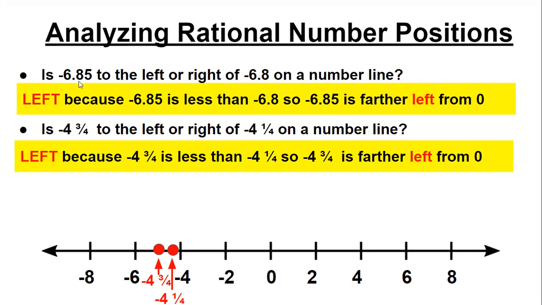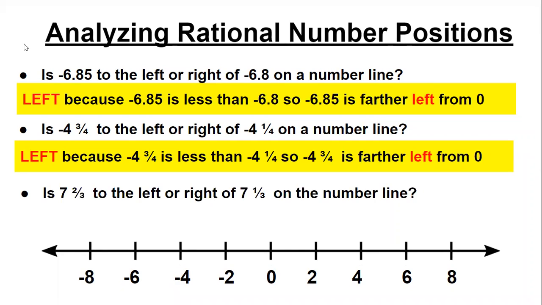Negative 4 3/4 is going to be farther to the left than negative 4 1/4 because negative 4 3/4 is a smaller number. Remember, as numbers go left of 0, they get smaller the bigger they are, the farther from 0 they are. They're bigger the closer to 0 they are.